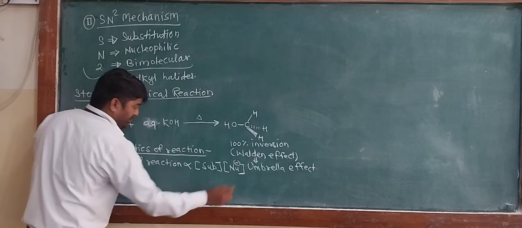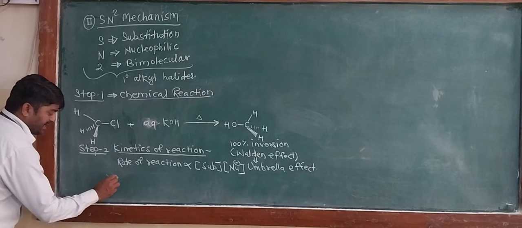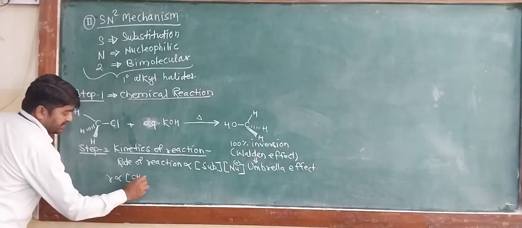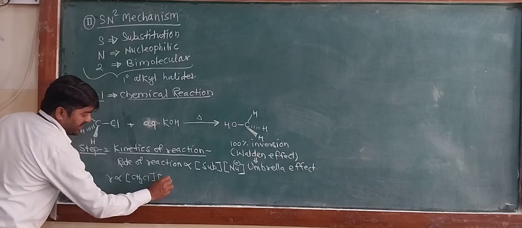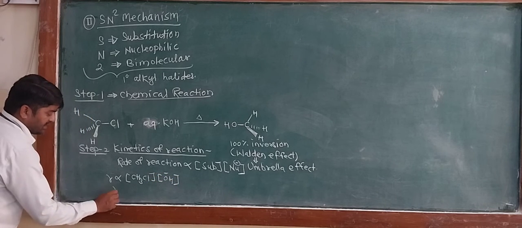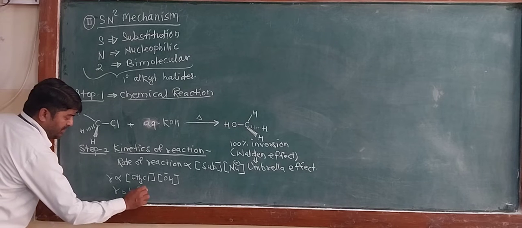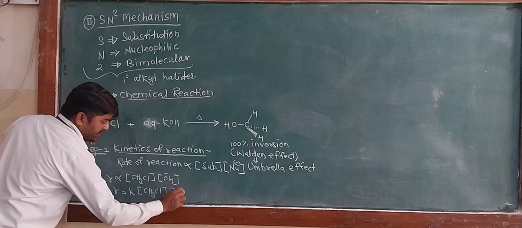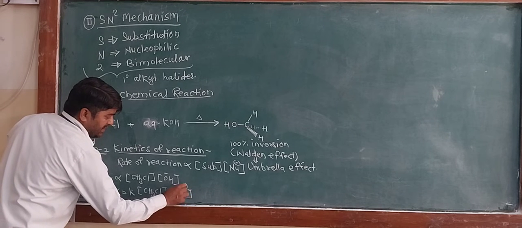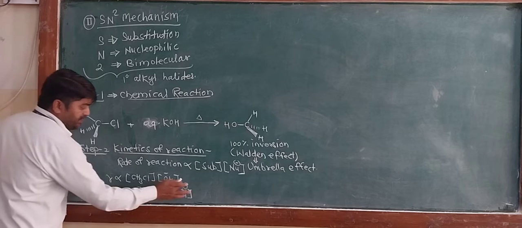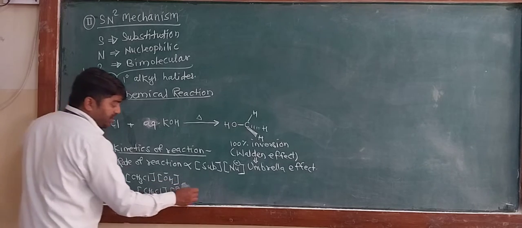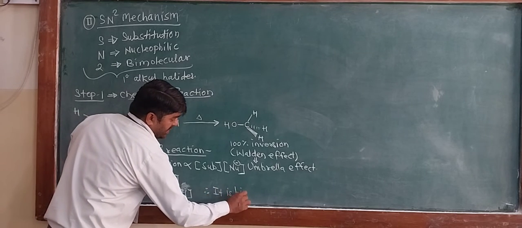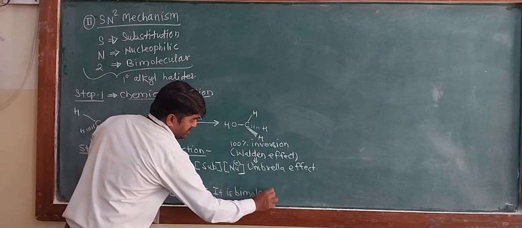So rate R is directly proportional to the substrate, methyl chloride, CH3Cl, and the nucleophile, OH minus ion. So R is equal to K into the concentration of CH3Cl and the concentration of OH minus. So the rate of reaction depends upon two species. Therefore it is bimolecular.